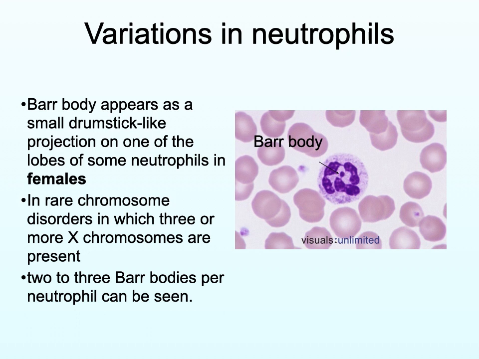A bar body appears as a small drumstick-like projection on one of the lobes of some neutrophils in females. It is a rare chromosome disorder in which 3 or more X chromosomes are present. 2 to 3 bar bodies per neutrophil can be seen.